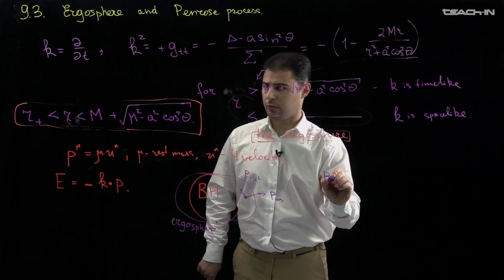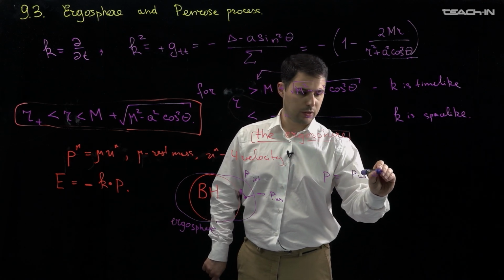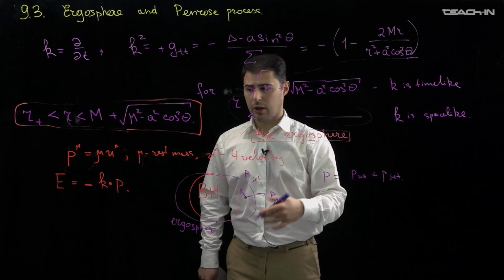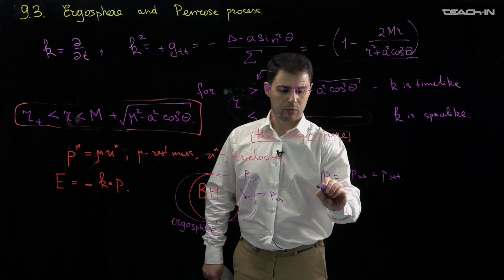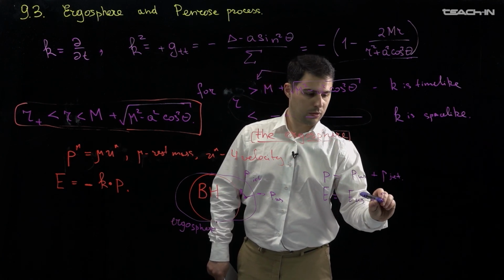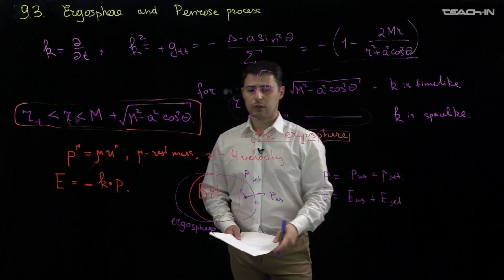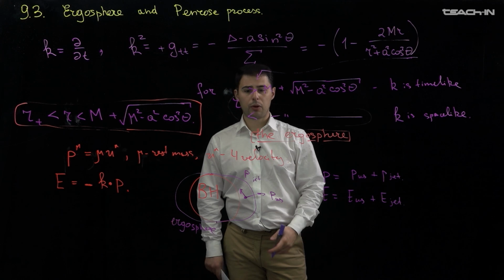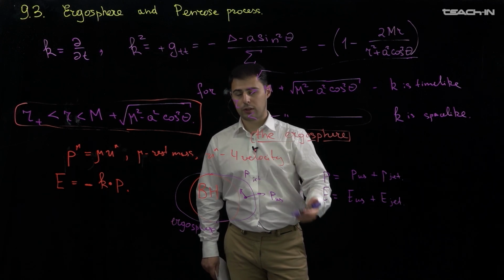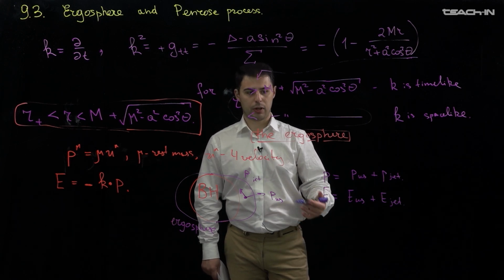So we have P equals P us plus P jet. Similarly, we have the energy conservation. However, since we are in the ergosphere, and the energy is defined with respect to the stationary killing field, we can actually have negative energy.